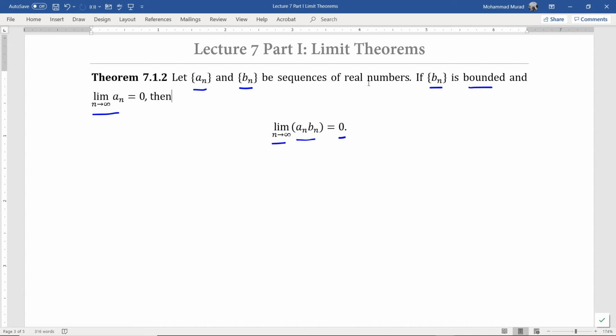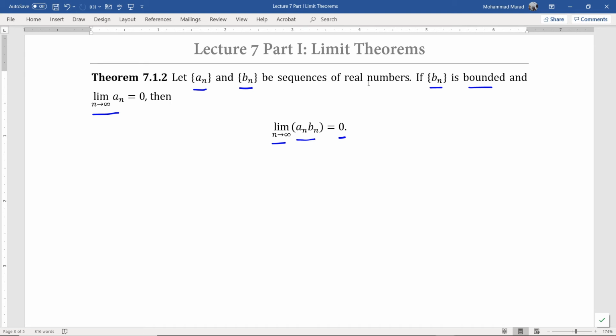So this theorem says that if one of the sequences is bounded and the other sequence has limit 0, the product of these two sequences has limit 0.